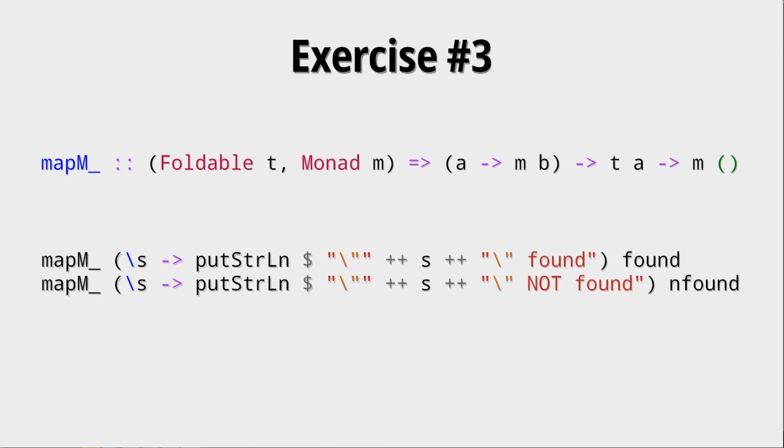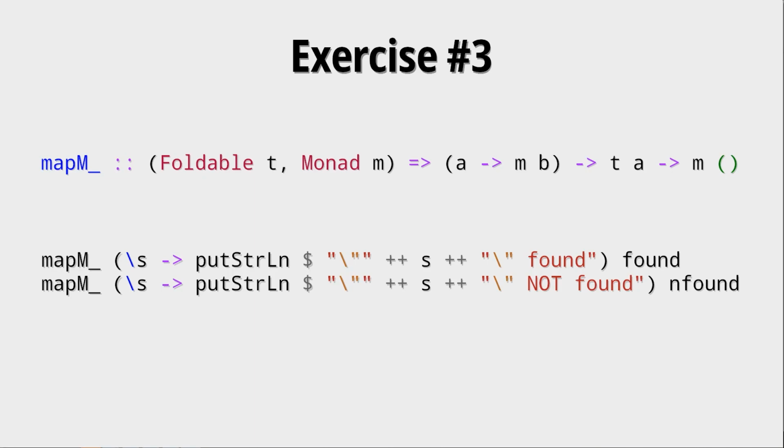A foldable, in this case, is just a list. And well, the important thing is a monad m. So it takes a function a to monad b and a foldable t a, and then returns a monad of the empty tuple.